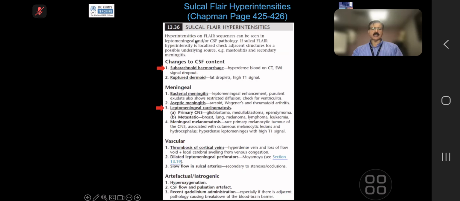Hyperintensities on FLAIR can be seen in leptomeningeal and or CSF pathologies. The key thing to remember is leptomeningeal processes versus subarachnoid hemorrhage.